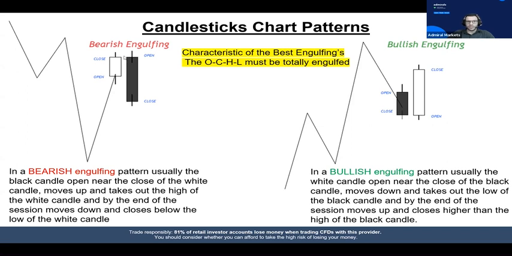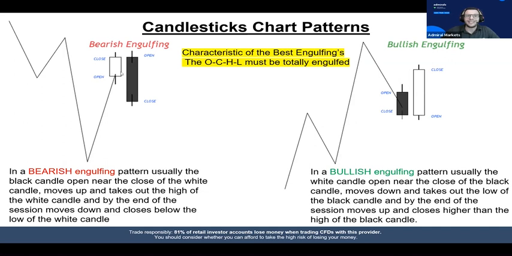I want in this particular downtrend, I want the buyers to mislead the market participants and create a new high. Everyone thinks that the market is going to keep moving higher, but the sellers take the power and push the market strongly to close below the low of the previous candle.